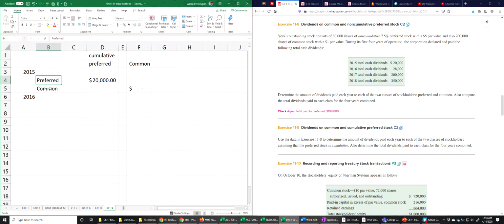2016. Well, 28,000 dividends declared. The first 10 goes to the arrears.